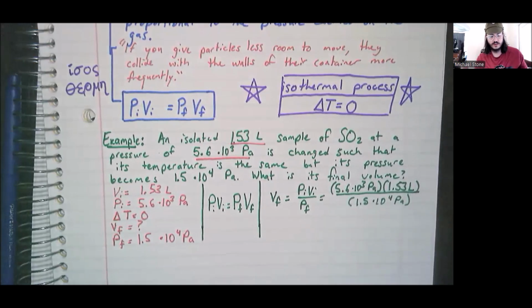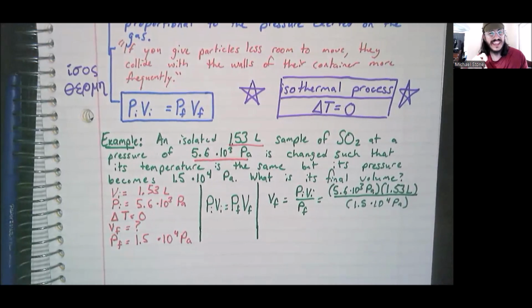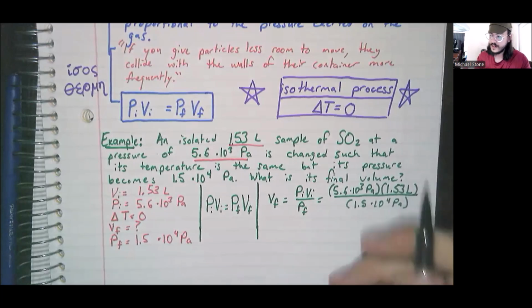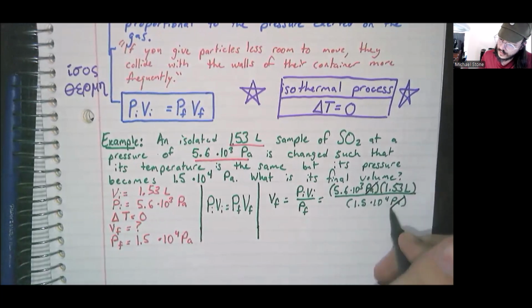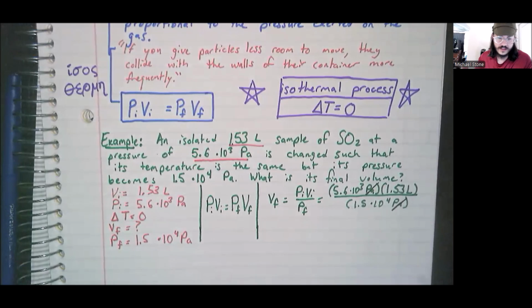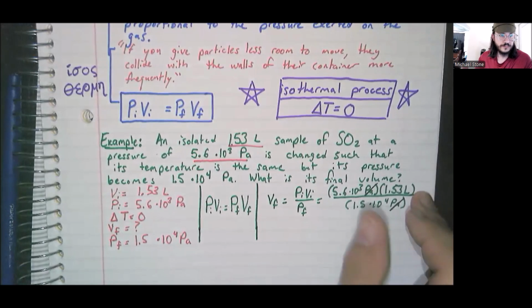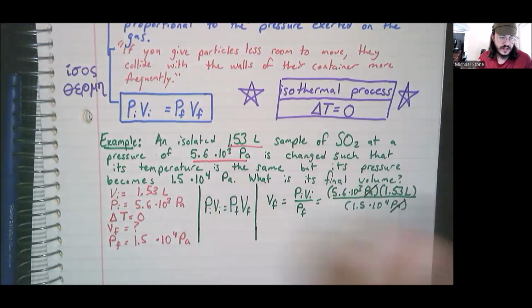As I promised you only a moment ago, not that you believed me, but I would never lead you astray. Pascals over Pascals cancels, leaving us with just liters. So the same unit that we put in, we get back out.